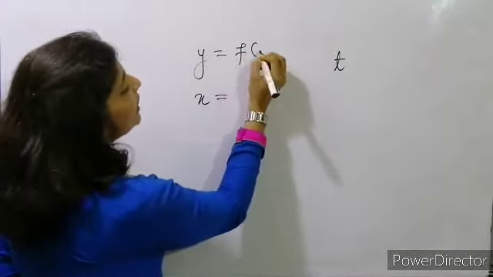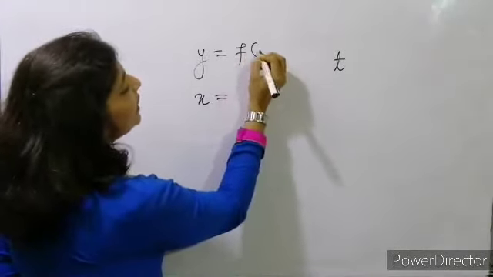We have a question: find dy by dx if x is a function of t and y is also a function of t. So x is equal to 2at and y is equal to at squared. First of all, we have the values of x and y, so we will find dx upon dt, then dy upon dt.